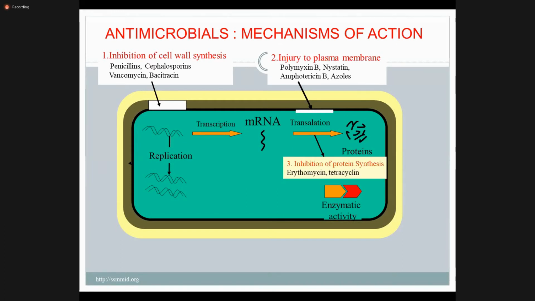There is a long list: a subgroup is the aminoglycosides, right? Macrolides, tetracycline, streptogramins, macrocyclic structure, right? These are the different subgroups under the heading of protein synthesis inhibitors. A few examples are erythromycin, tetracycline, but there is a long list of drugs included in this group.